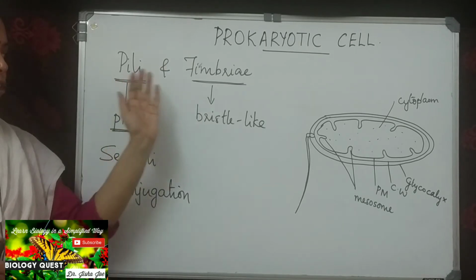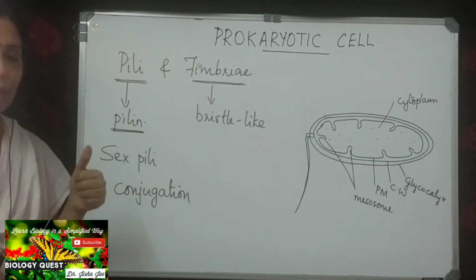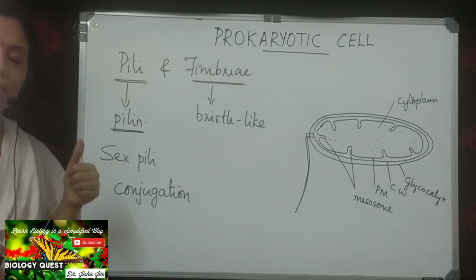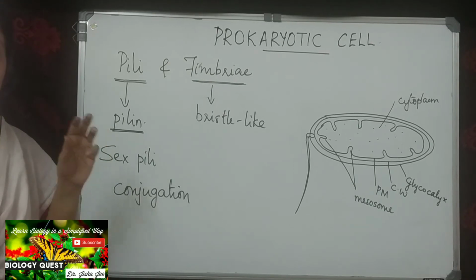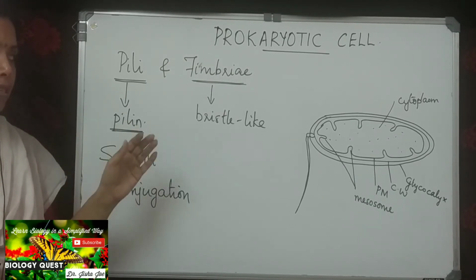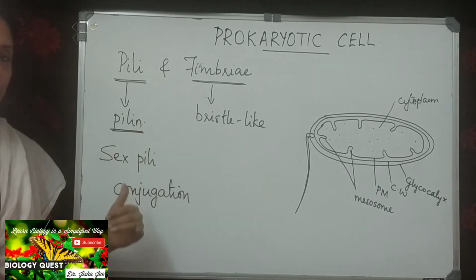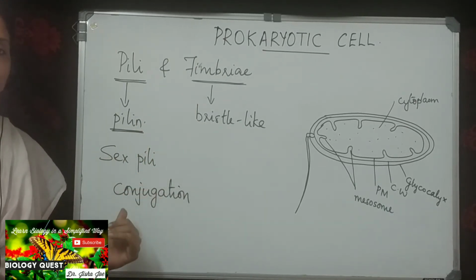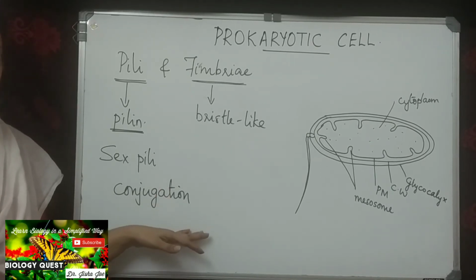So that is with regard to pili and fimbriae. Remember, they are not concerned with motility, so they are present in both motile and non-motile forms. Pili are elongated tubular structures extending from the bacterial cell surface. They are formed of a protein called pilin. Sex pili are involved in the transfer of genetic material during bacterial conjugation.